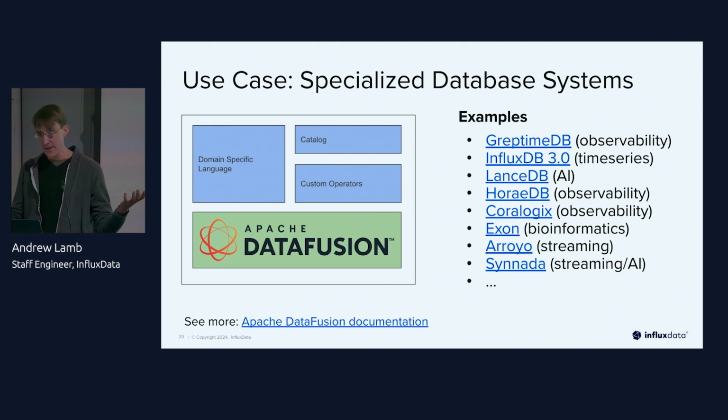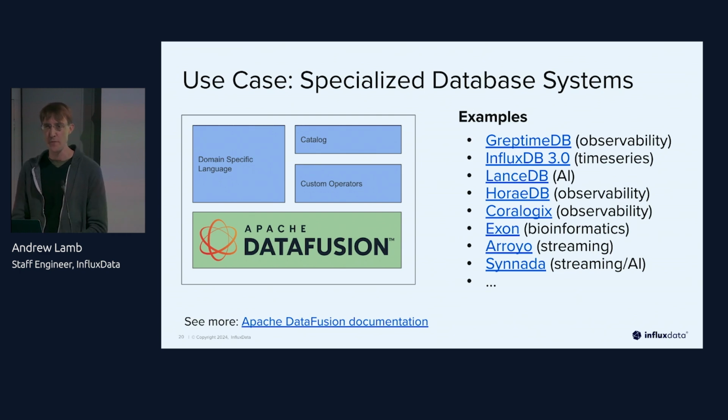And of course, the thing that I think is the broadest use case, which we'll hear at least one other example of here tonight, is people building specialized database systems, right? If you want to build a specialized database system for a particular type of data, observability or time series are very popular, with systems like Greptime, InfluxDB, which is what I work on, InfluxDB 3 specifically, HoraeDB, CoreLogic. There's a whole bunch of people using it for observability. But we've also had people build specialized engines for things like bioinformatics, which I never would have thought about. That's not Parquet at all.